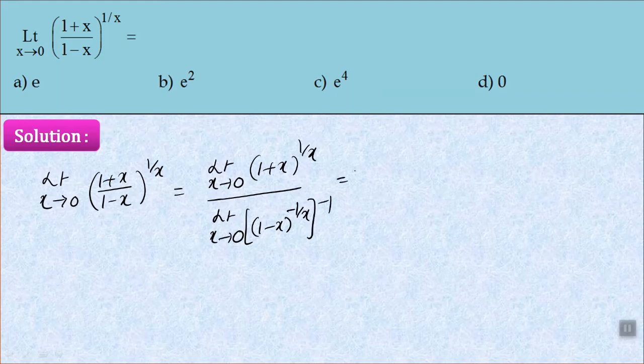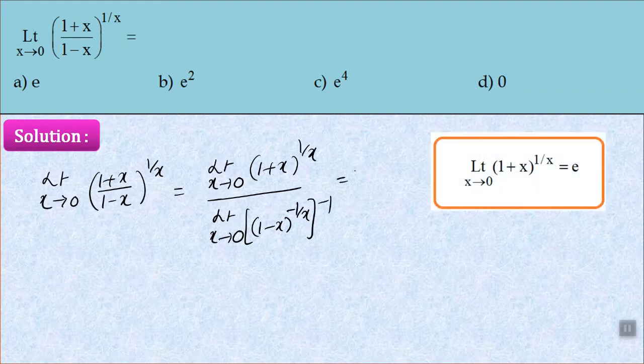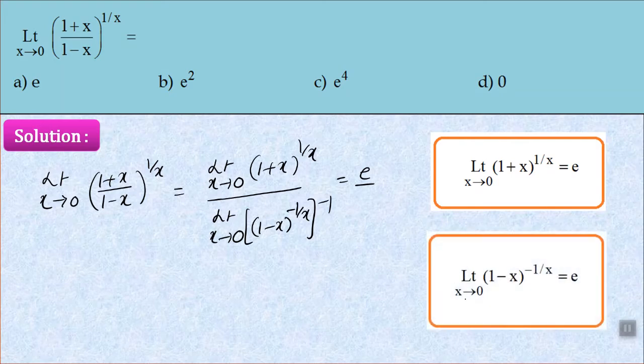We know that limit x tends to 0, (1 plus x) whole power 1 by x is equals to e, divided by, we know that limit x tends to 0, (1 minus x) whole power minus 1 by x is equals to e. So here e inverse, this equals to e into e, that equals to e square. Therefore, the answer is option B.